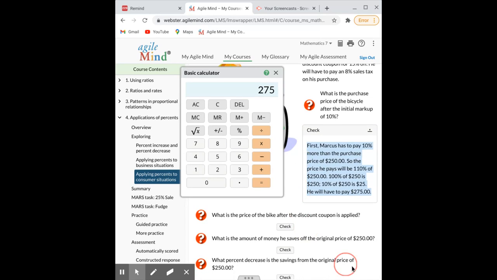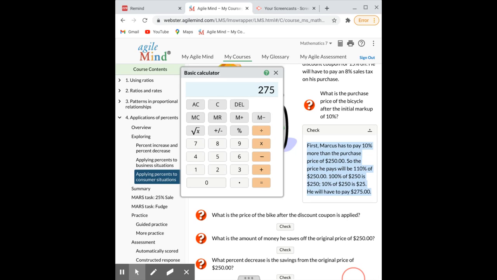It says, what is the price of the bike after the discount coupon is applied? So right now we know the bicycle costs $275. Brendan, since it costs $275 and we have a discount coupon of 15%, am I adding 15% or am I taking 15% off of the $275? Taking 15% off. Correct.